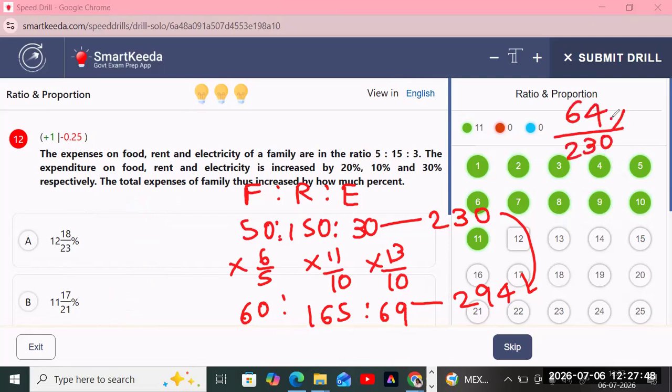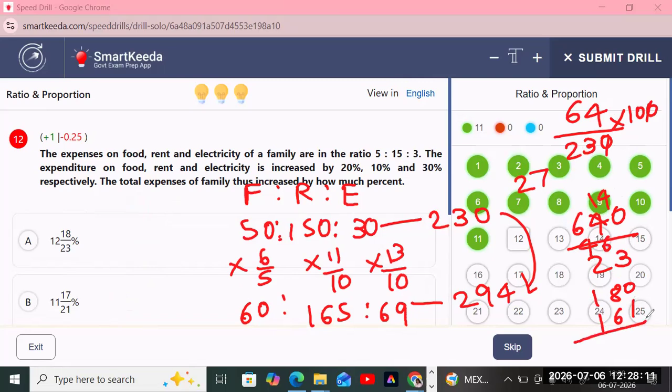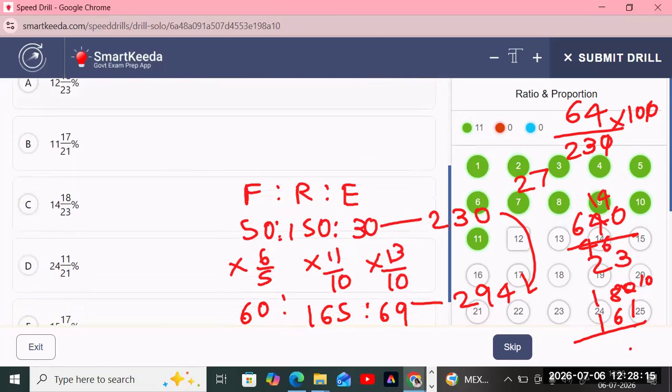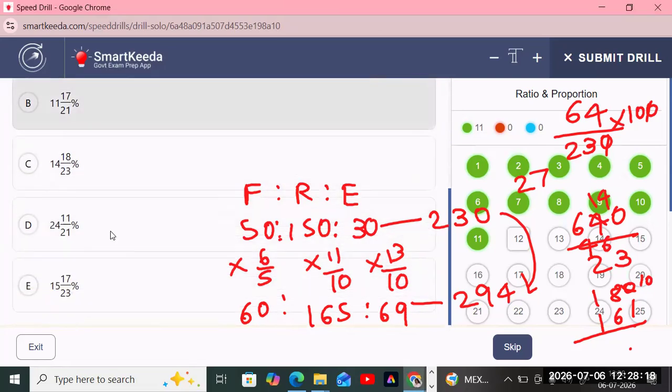The percentage that's that. 640 divided by 20. Yeah, 46. Option four, the option.